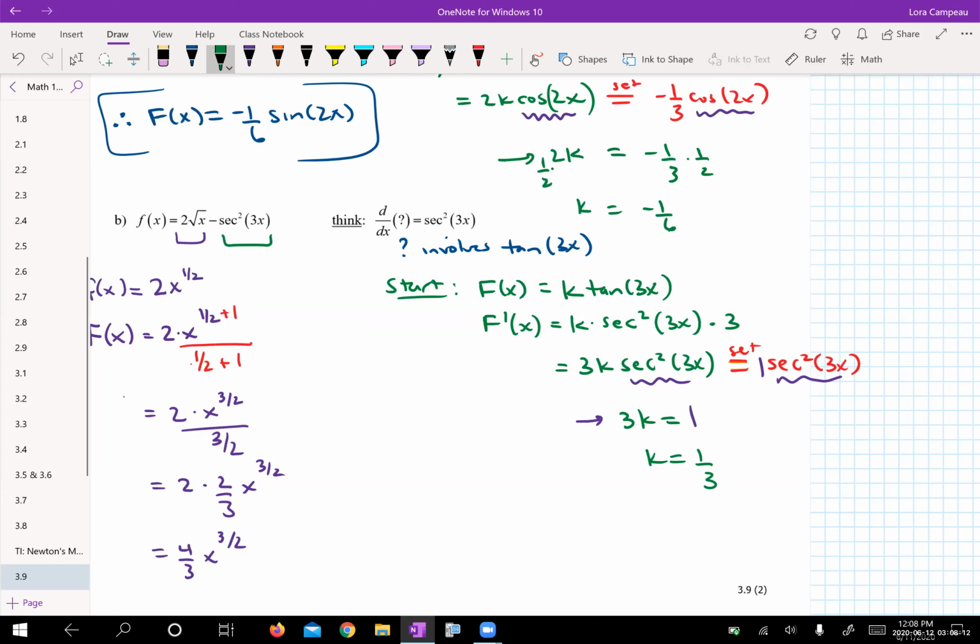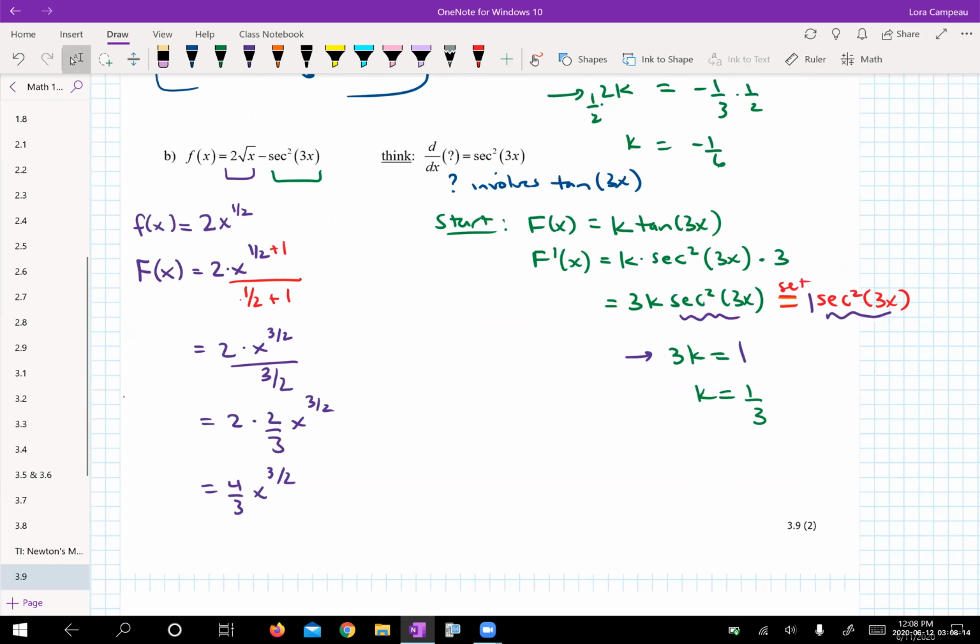Now, if you want to piece this together, remember that the two functions were being subtracted. So we could look at it as the antiderivative of everyone. We started off with 4/3 x to the 3/2. And remember, we had a minus sign separating our two functions.